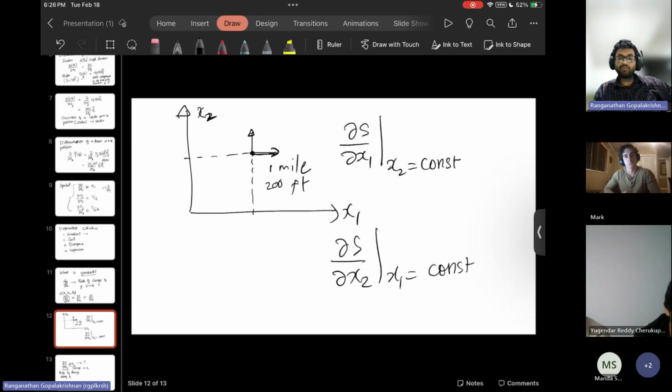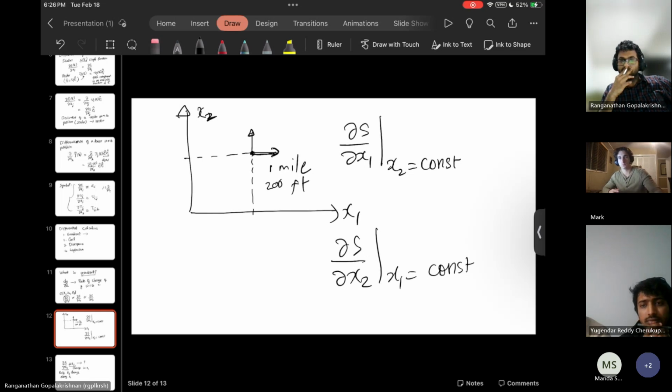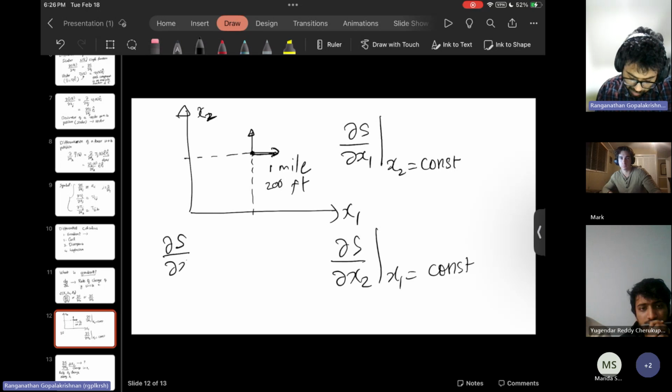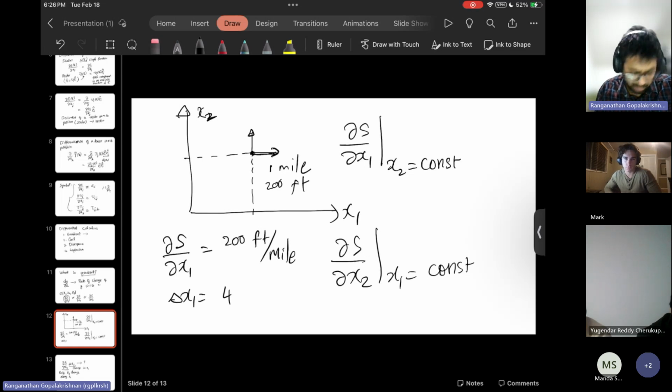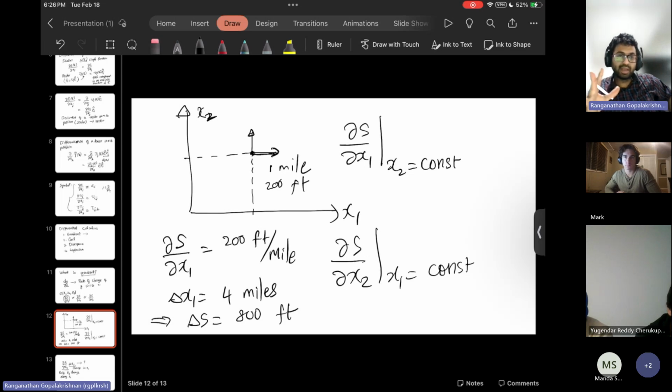And if you travel about 4 miles along that direction, what is the total drop in elevation? 800. Partial s over partial x1 is 200 feet per mile, and if I travel 4 miles, the total change in elevation will be 800 feet. Would you agree? It's a simple idea, right?